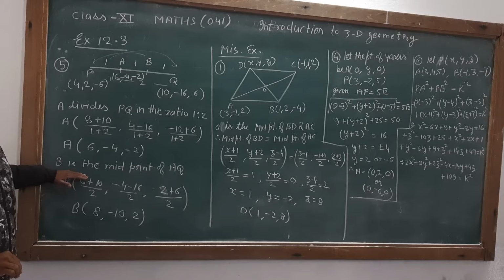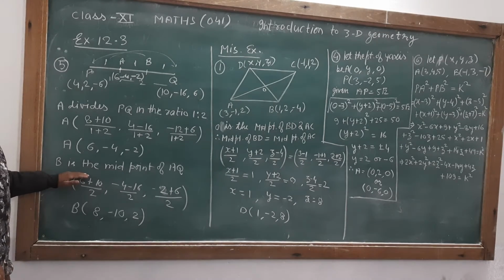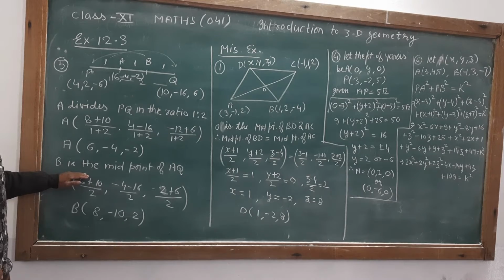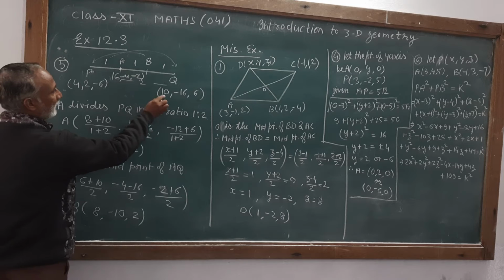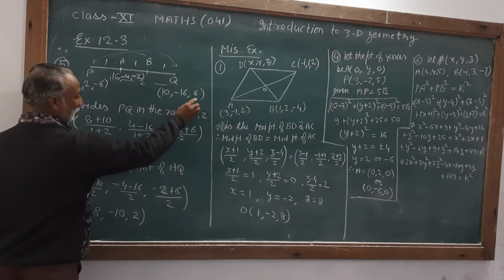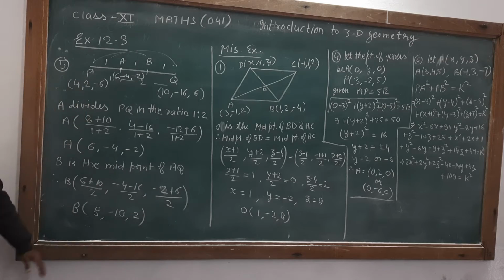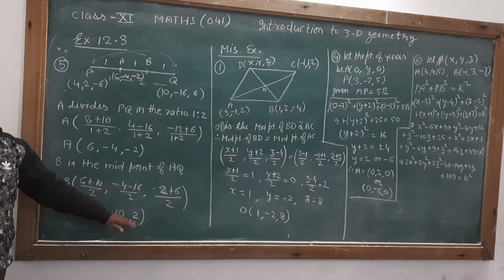So since B is the midpoint of AQ, by using the midpoint formula, (x1 plus x2) by 2, (y1 plus y2) by 2, (z1 plus z2) by 2, we can find the coordinate of B. So B will be (6 plus 10) by 2, (minus 4 minus 16) by 2, (minus 2 plus 6) by 2. That is, B is 8, minus 10 and 2.